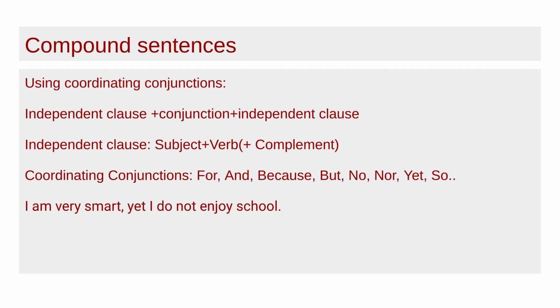Leave the yet. Let's go to the second independent clause: I do not enjoy school. This sentence in itself has meaning. It's making some sense. And these two are joined by a coordinating conjunction, which is yet here, and hence it forms a compound sentence.